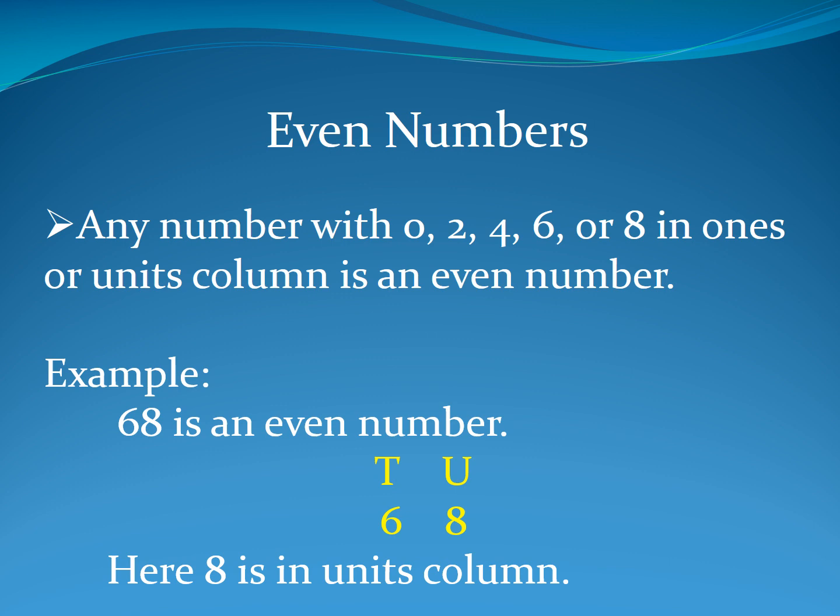This property helps us out when we have a 2-digit, 3-digit or any higher number. In order to identify whether the number is even or odd, we only have to look at the units column.